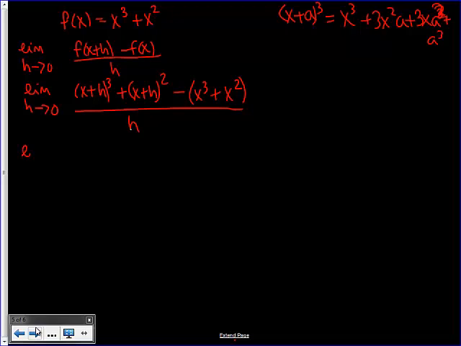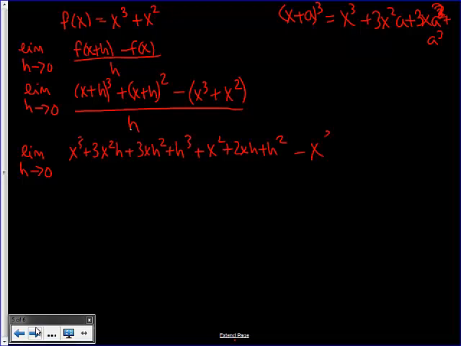The limit as h approaches 0 of x cubed plus 3x squared h plus 3x h squared plus h cubed plus, and again I'm foiling that x plus h out, so x squared plus 2xh plus h squared minus x cubed minus x squared, all divided by h. But again, this will condense quite nicely.